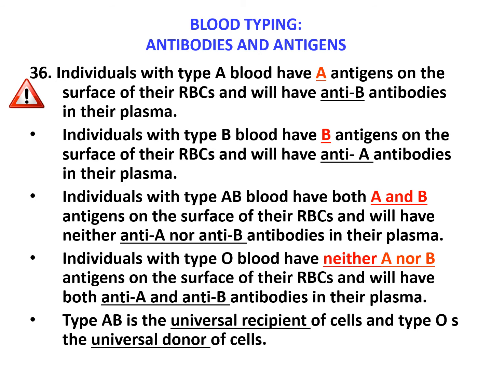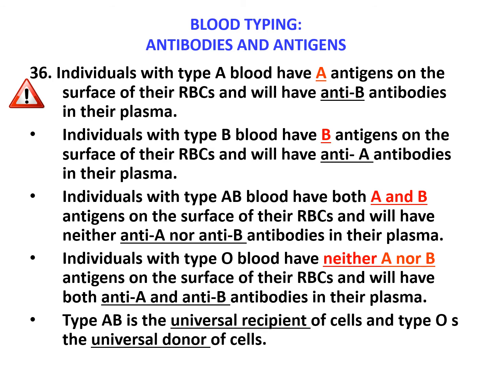Now, individuals with type AB, they're going to have both, okay? So you're going to have both A and B on the surface of your red cells. So think this through, guys. If you have both A and B on the surface of your RBCs, then you want neither anti-A nor anti-B in your plasma, right?